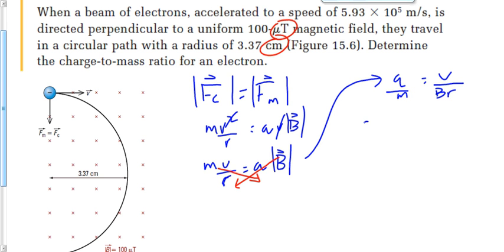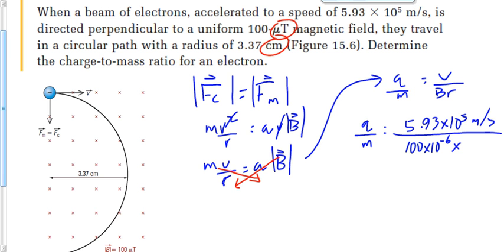Or q over m is equal to 5.93 times 10 to the 5 divided by 100 times 10 to the minus 6. It's 100 microtesla, I should say. And r is going to be 3.37 times 10 to the minus 2, or maybe we'll just say 0.0337.